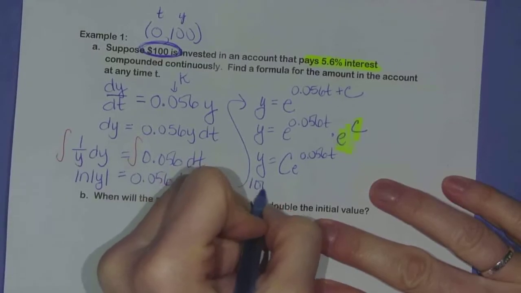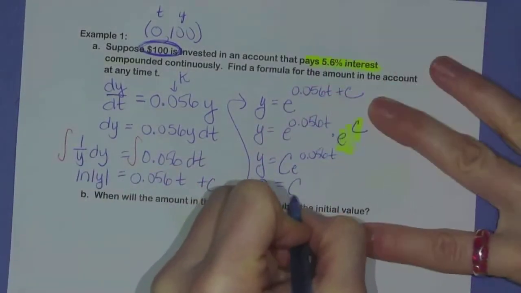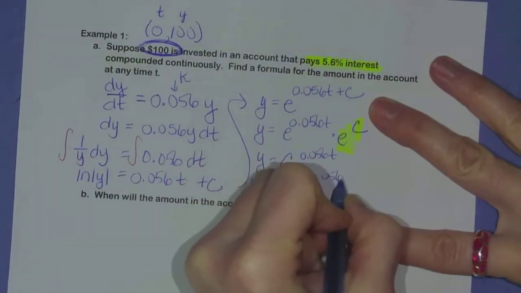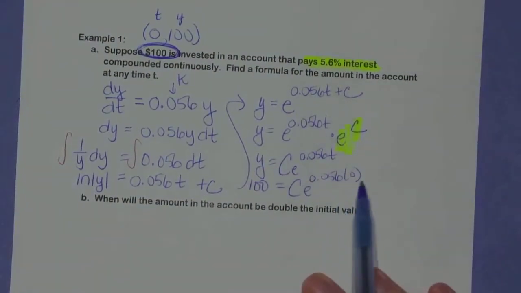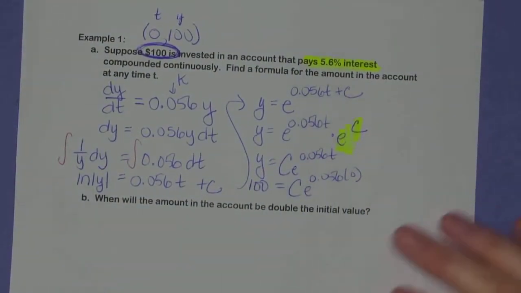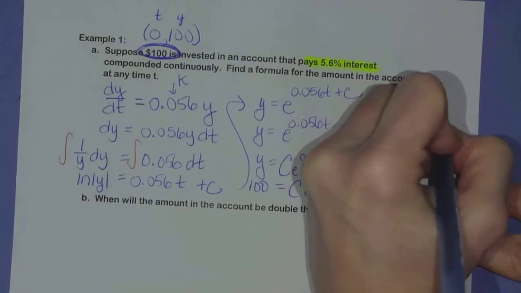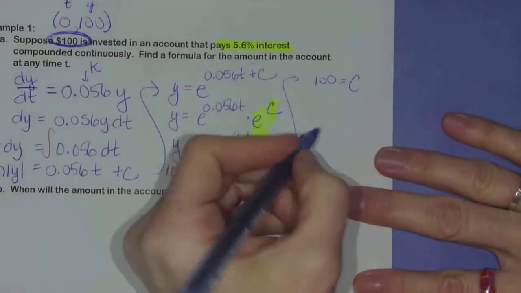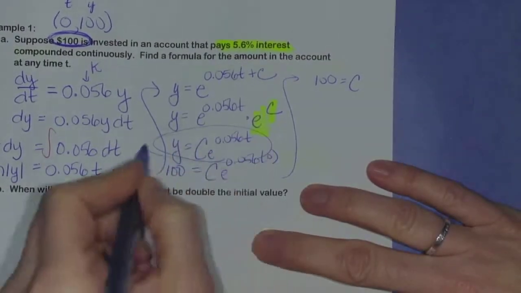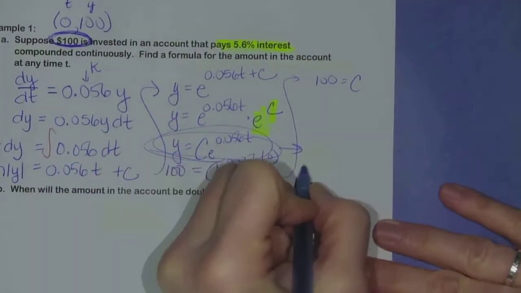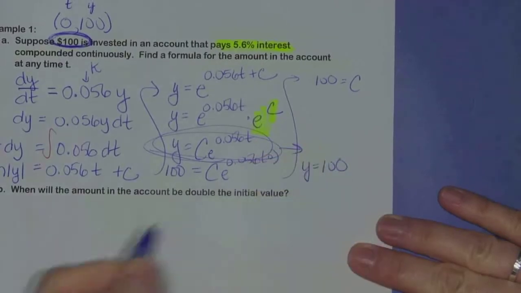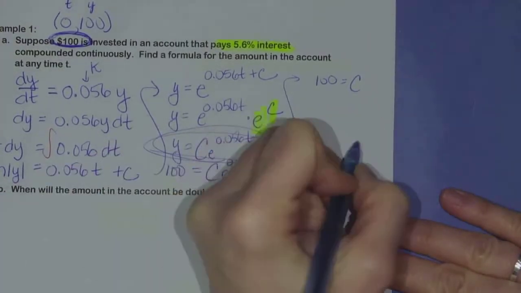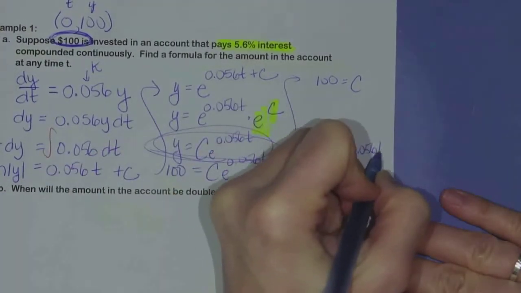So y is 100 and time is 0. And so you can see e to the 0 is 1, so C ends up being 100. So my final equation for y, going back to this guy right here, is going to be y equals 100 e raised to the 0.056t.